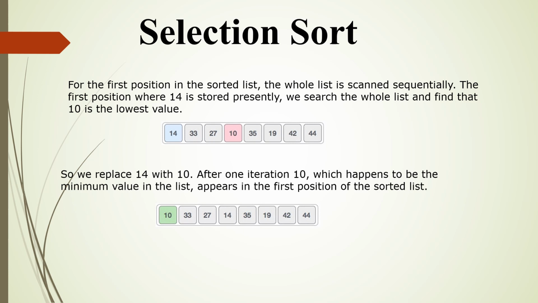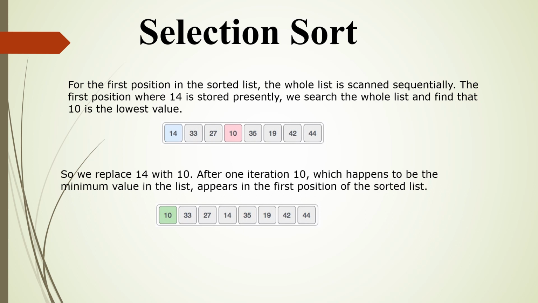First we select the location from the unsorted list, that is the first position of the array list. In the first position the element stored is 14, so we select the element 14 from the first position.